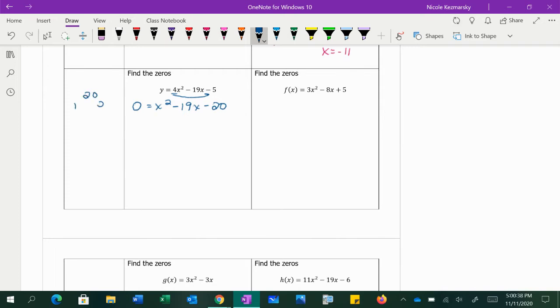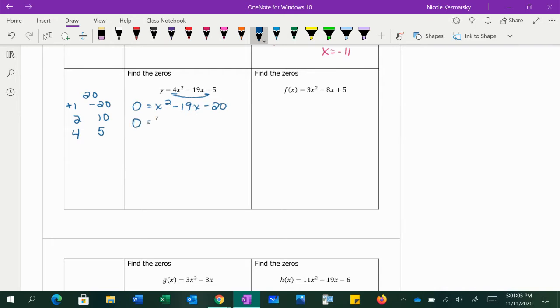So 1 and 20, 2 and 10, not 3, but 4 and 5 works. And I need the pair that's going to get me a negative 19. So if I do 20 minus 1, I get positive 19. How about I flip the signs? What if I do positive 1 minus 20? That gets me negative 19.